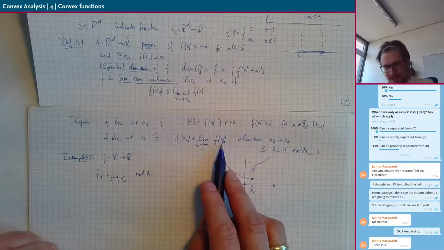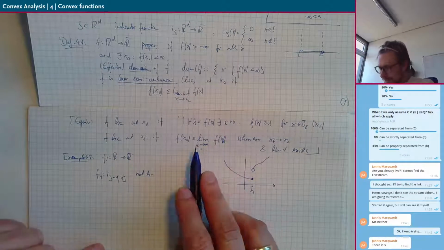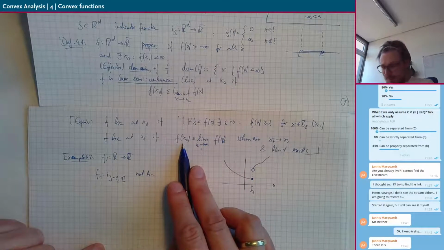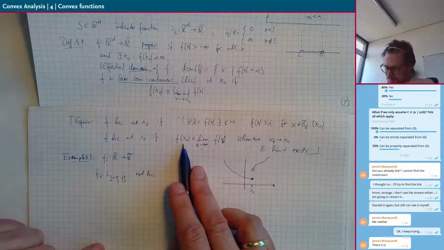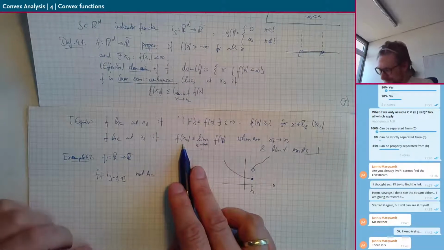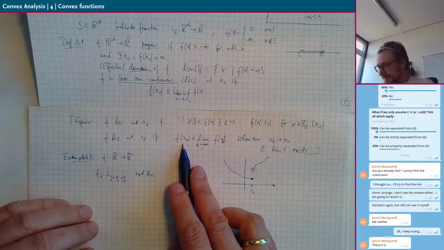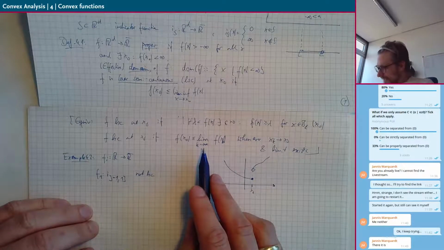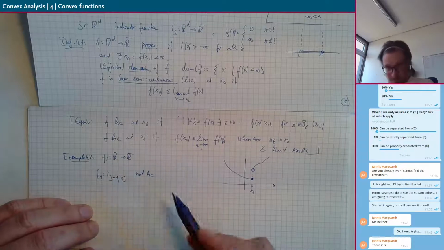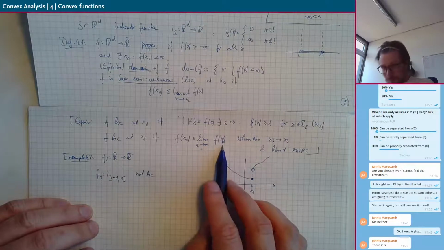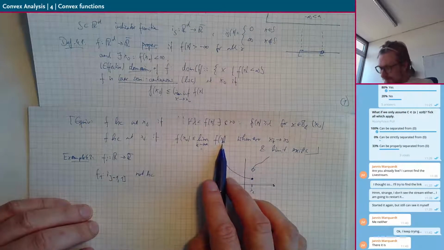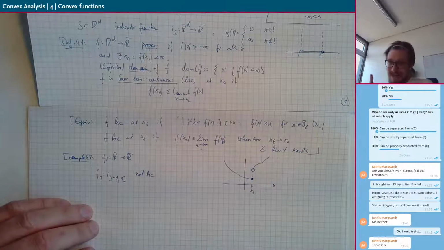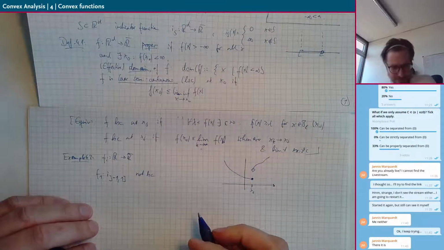F of xk will always be plus infinity, and the function value at the limit point is also infinity. That's fine. But if we go to -1 from the right, f of xk will always be 0, but the function value at the limit point will be plus infinity. So we have jumped up in the limit, and this is not allowed.